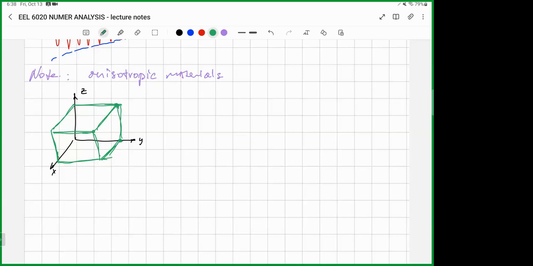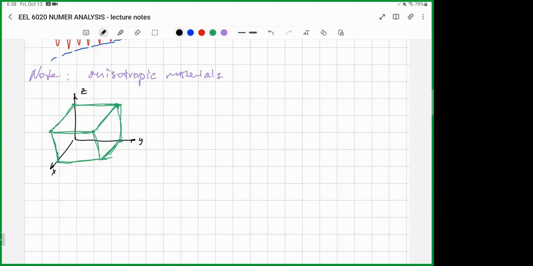Some types of glasses, they are anisotropic. So isotropic materials, the properties of these materials are the same in different directions. The anisotropic materials, their properties depend on the directions.